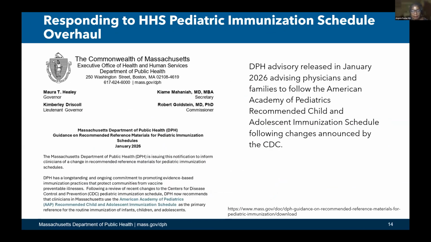And when the memo at the beginning of the year was released, reducing the recommended number of vaccines for pediatric immunization, we again released guidance recommending that physicians immunizing children follow the American Academy of Pediatrics recommended immunization schedule. The AAP schedule for many decades was very much like the CDC schedule, with only minor differences, but now the AAP is the reliable source for vaccine recommendations for clinicians. So that is what we're recommending clinicians use, rather than the federal pediatric vaccine schedule.